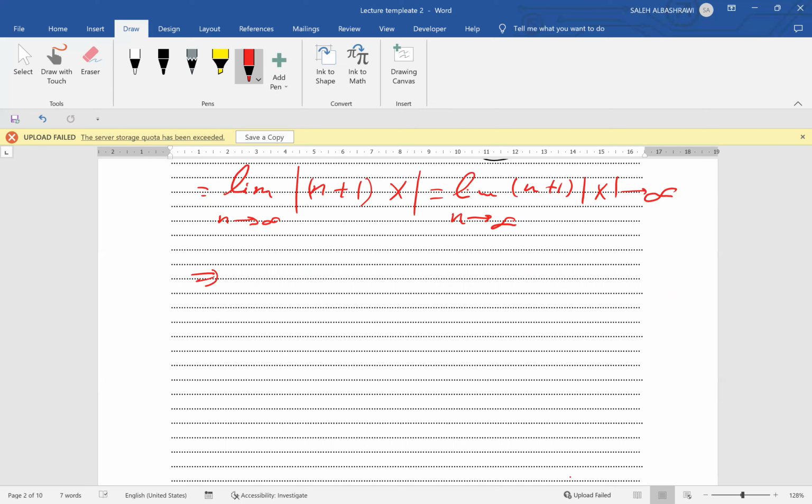This converges for, we can say, for any x, of course, for any x except the 0.